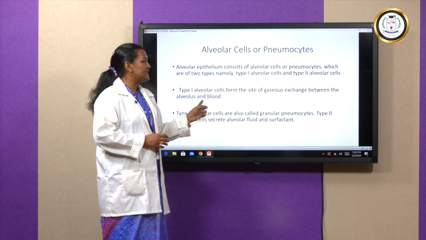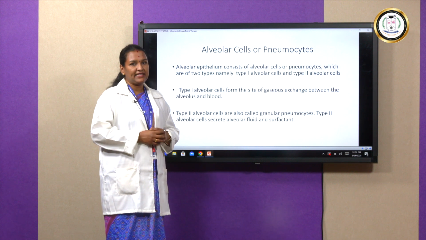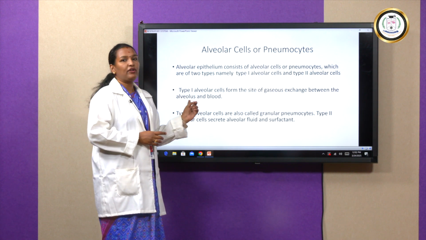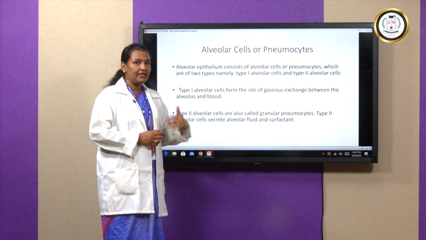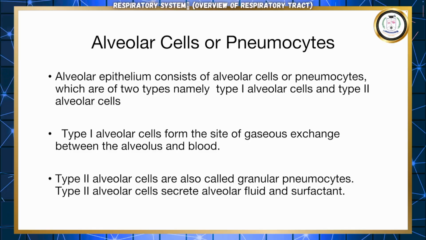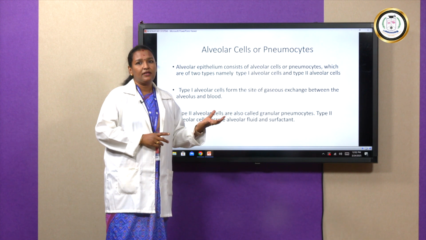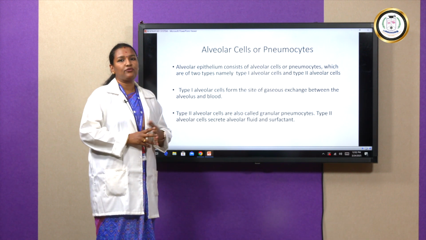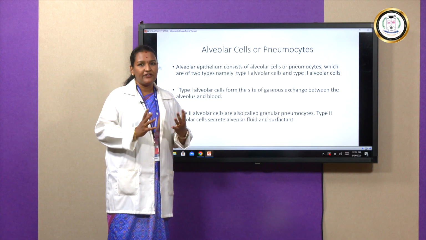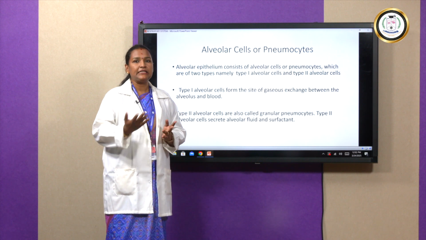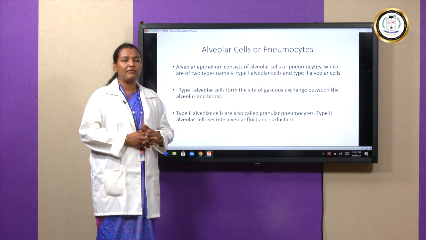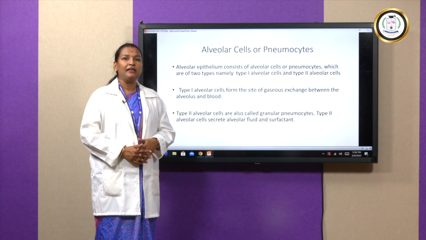Type 1 alveolar cells form the site of gaseous exchange between the alveoli and the blood. On the other side, type 2 alveolar cells, otherwise known as granular pneumocytes, form a substance known as surfactant, which is primarily essential for maintaining the surface tension of the alveoli, and in turn it minimizes the collapsing tendency of the lungs.